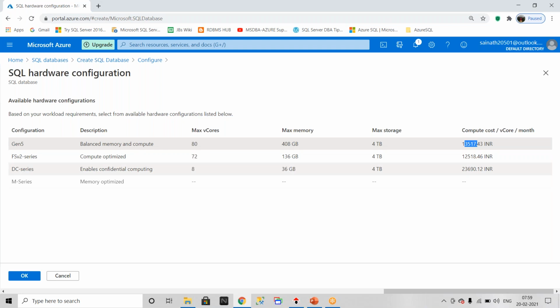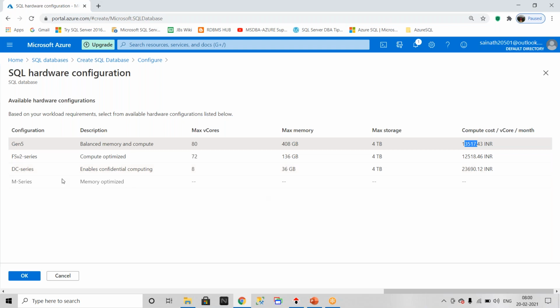So mostly in the real world we'll select Gen 5. It is balanced, where we will get a huge amount of RAM. But how much you are selecting also comes into the picture, sir. Based on your core, Microsoft is allocating the memory.